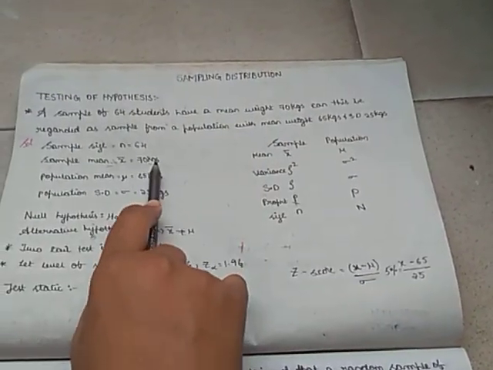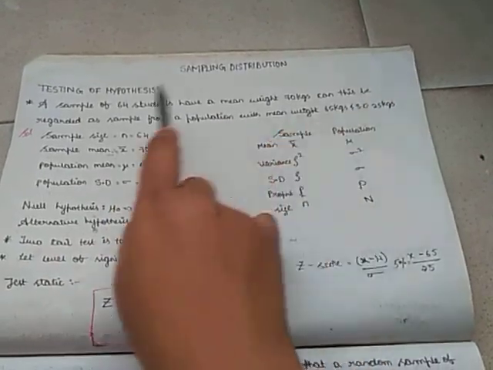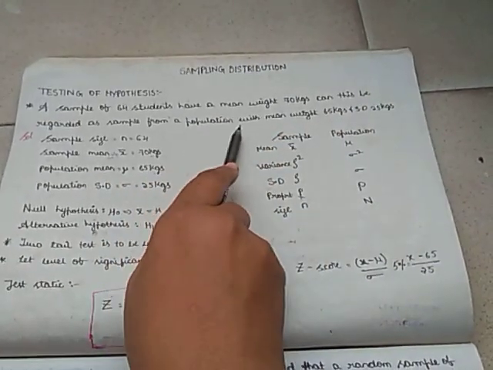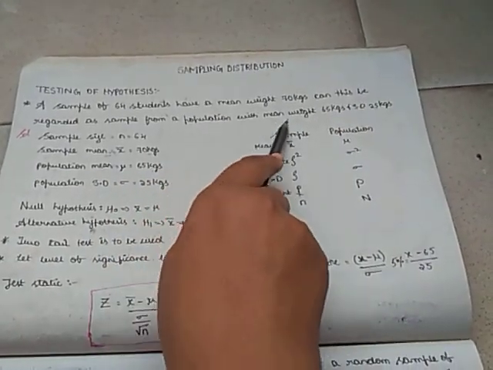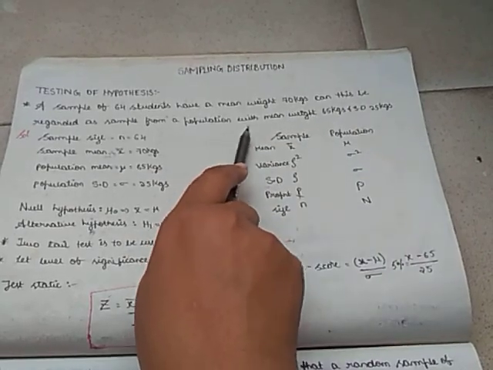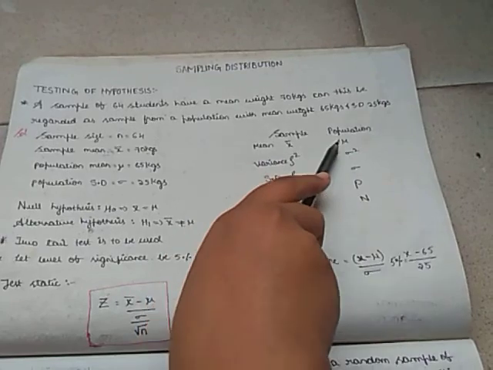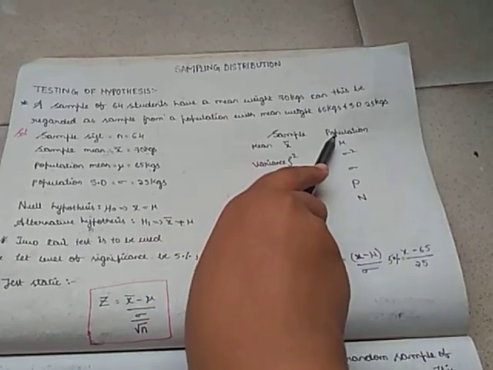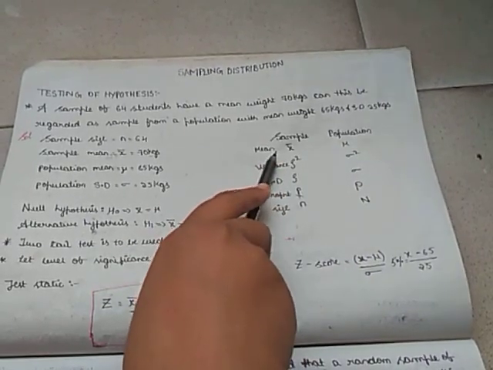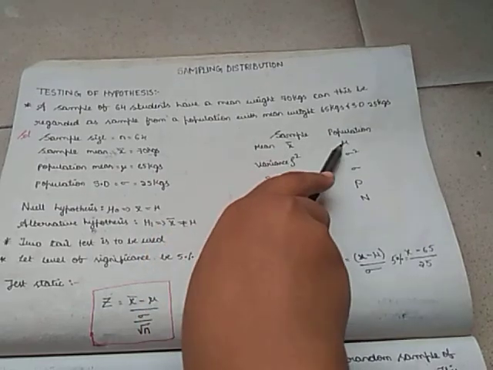X bar equals 70 kgs, and this can be regarded as a sample from a population with mean, as given here. Population is mentioned and it is saying mean, so population mean means mu.